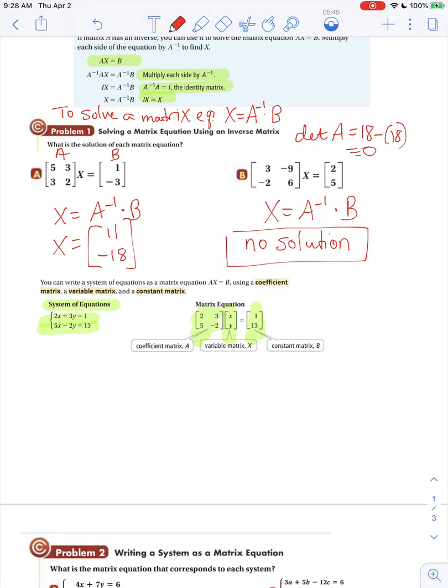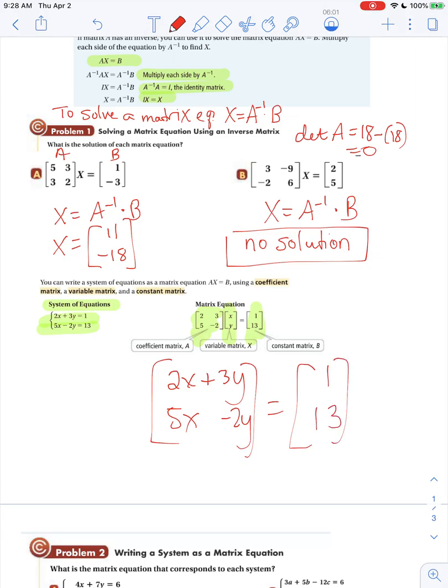Now, I do want to pause here a moment, and if I did the multiplication, do you notice that is 2x plus 3y, and then I would get 5x minus 2y. And then remember, this is a beautiful connection. We can really connect this to earlier learning. Then 2x plus 3y equals 1, 5x minus 2y equals 13. So it all connects together.